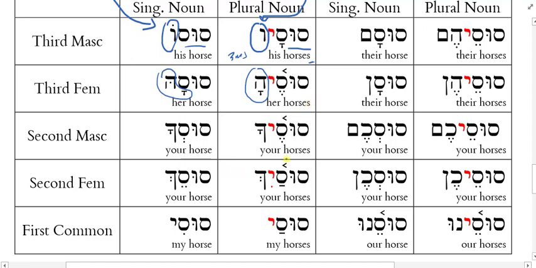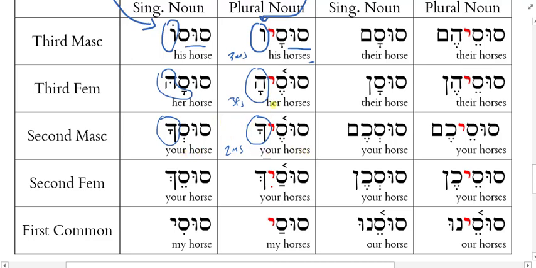All right, look at your horses where the you is a masculine singular you. So there was a third feminine singular, her horses. Here, the second masculine singular pronoun is susecha. Notice that this ka that you see is identical to the ka that you see for the set 1 pronoun for your. Your one horse, your plural horses, it's still ka.